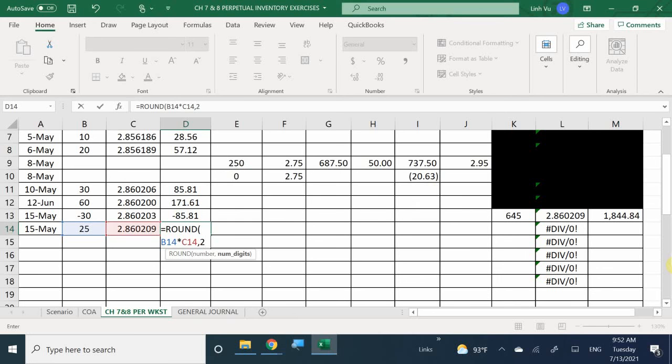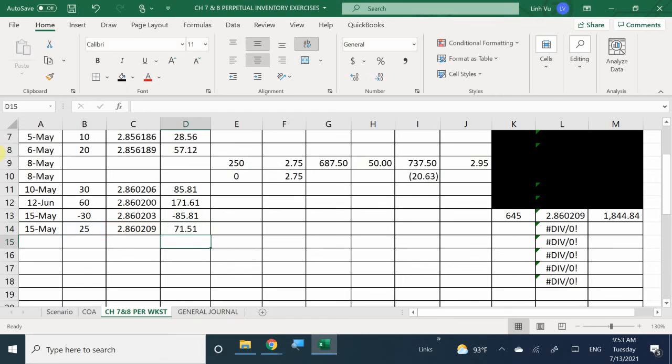And what are we looking for in this column? The total cost of goods sold. The total cost was the $250. No, and that's my selling price. In this case, if I sold 25 mugs and it cost me $2.860209, how much is my total cost of goods sold? 71.51.